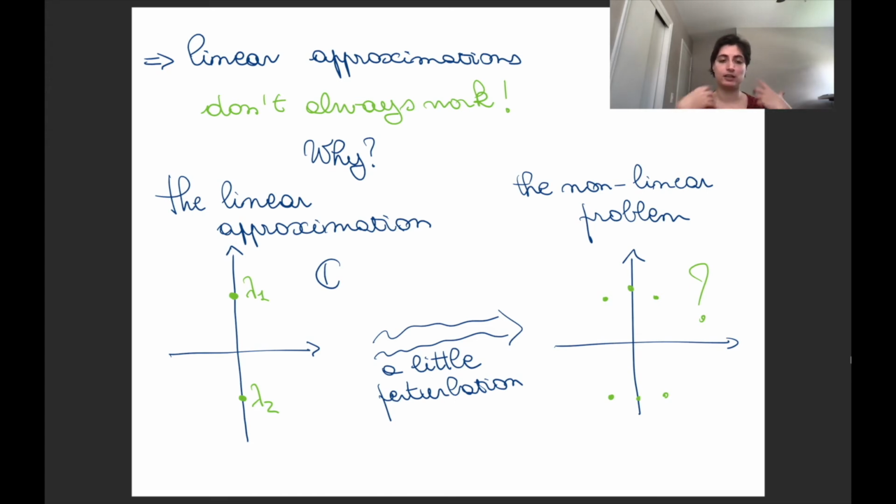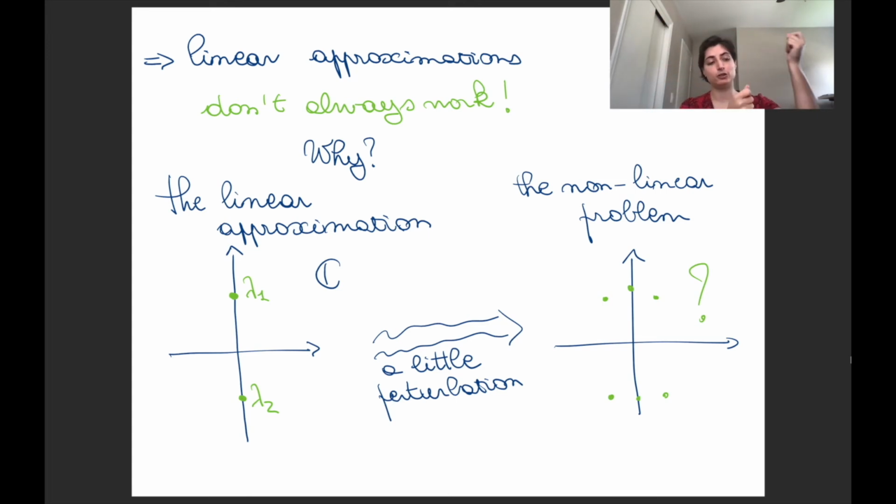It happens because in our linear approximation we found two eigenvalues that are exactly imaginary. If we perturb this information a bit, that means if we move these two eigenvalues a little bit, we don't know if they're still on the imaginary axis, purely imaginary, or if a real part appeared. So, if they have a positive real part or a negative real part.